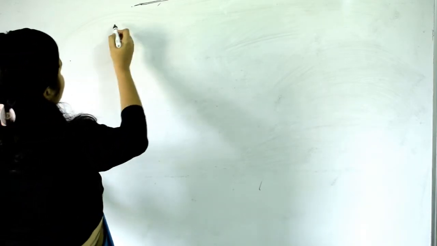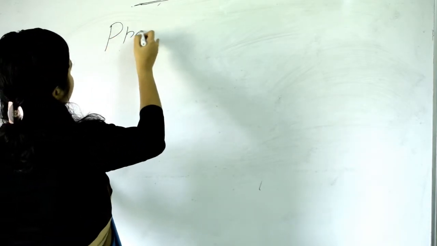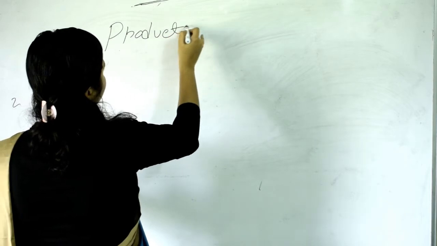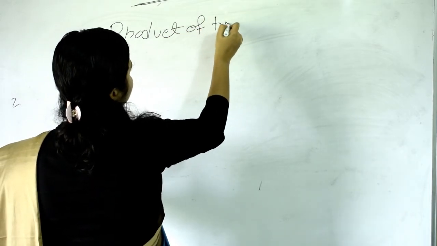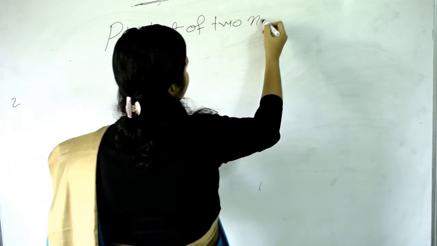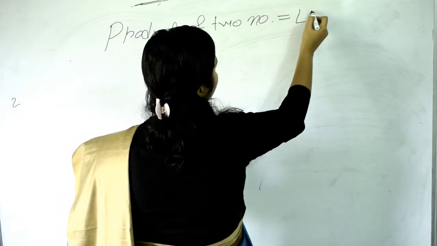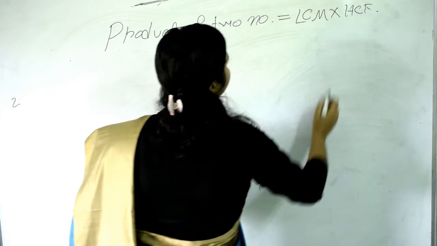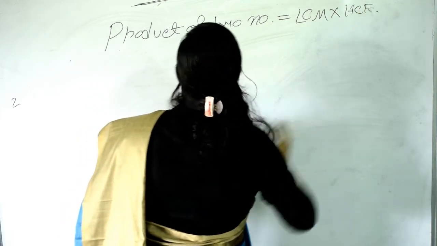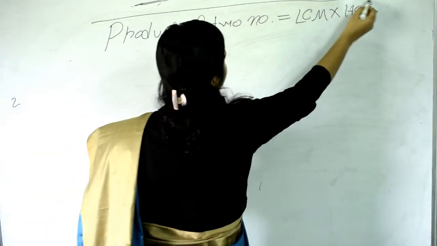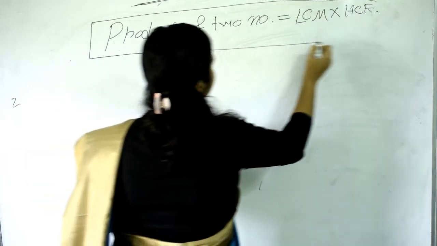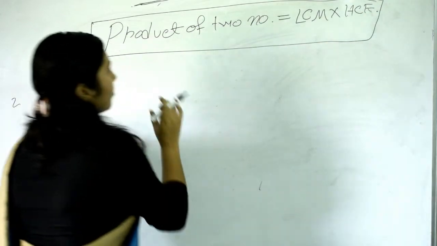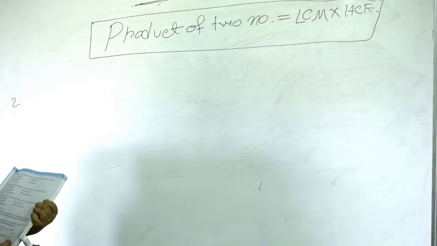That means the formula is: product of two numbers equals LCM into HCF. So this is the relationship between the numbers and their LCM and HCF.